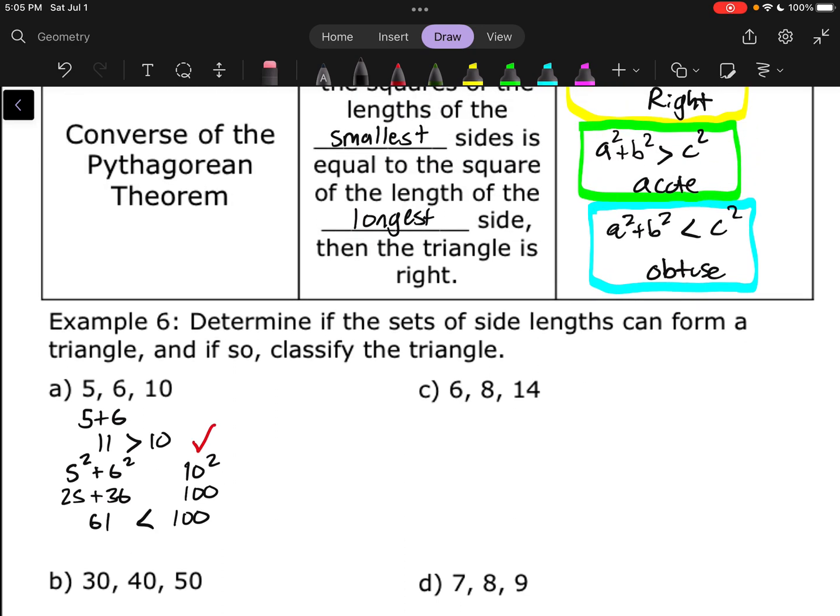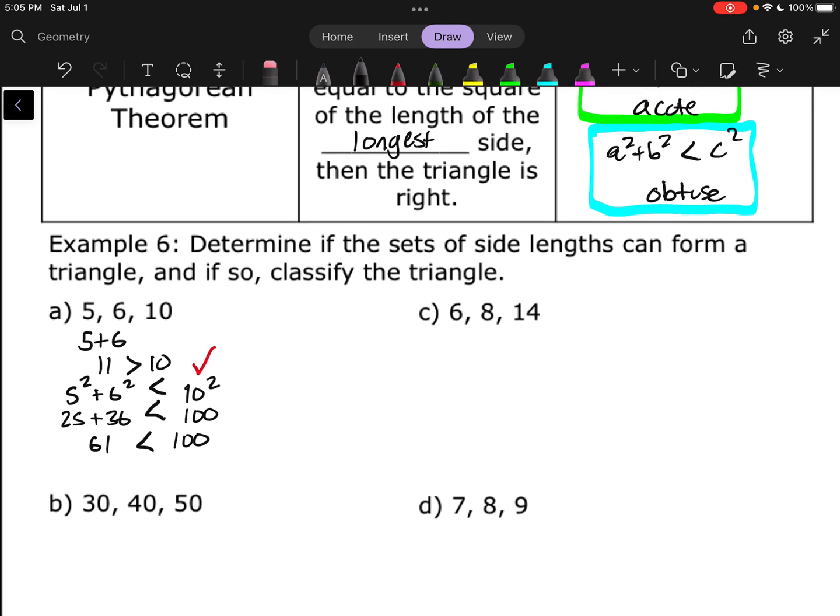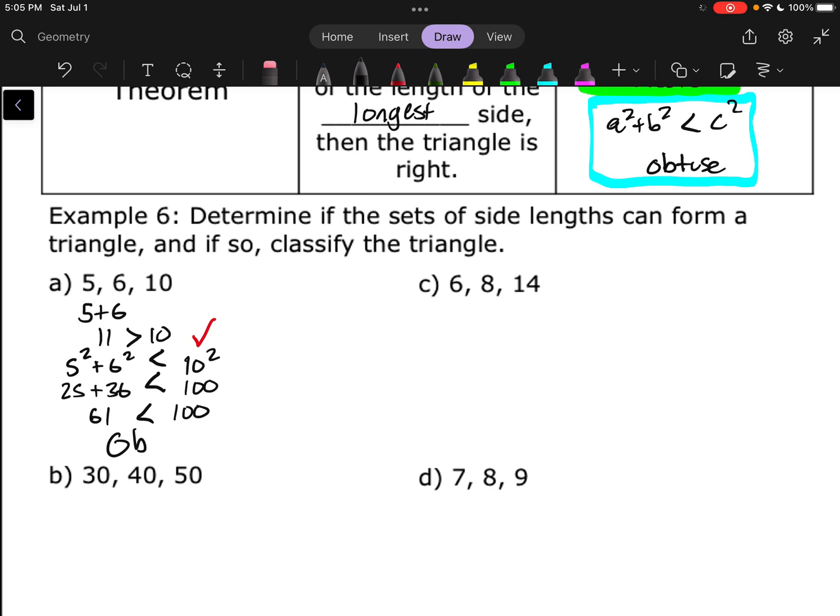So if a squared plus b squared is less than c squared, that was obtuse. So that means this thing was an obtuse triangle. So notice what we did. First, we checked to make sure it was a triangle. Then we did the converse of the Pythagorean theorem to see what kind of triangle it was.